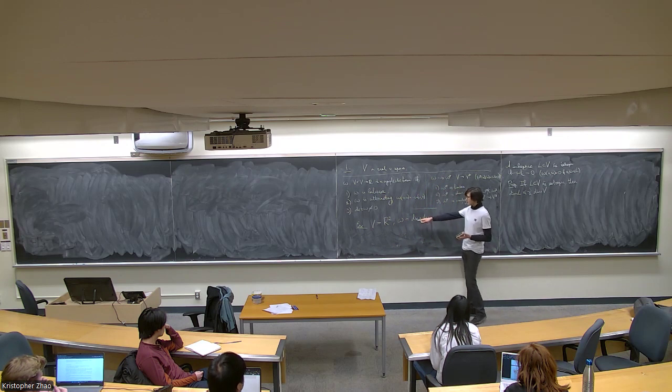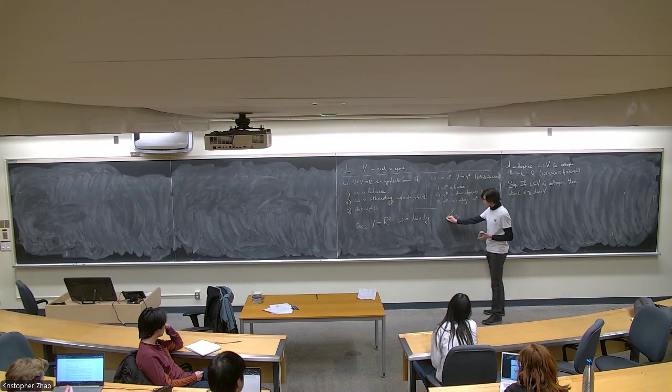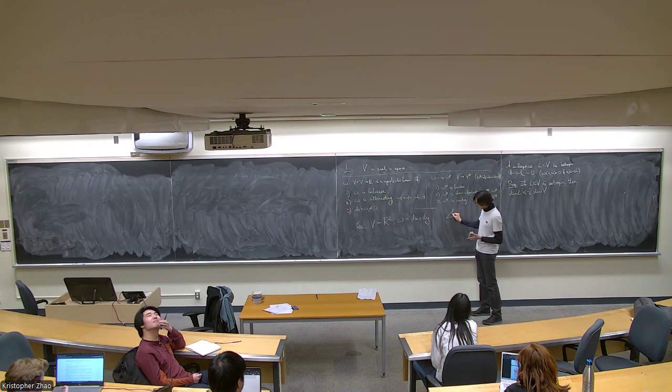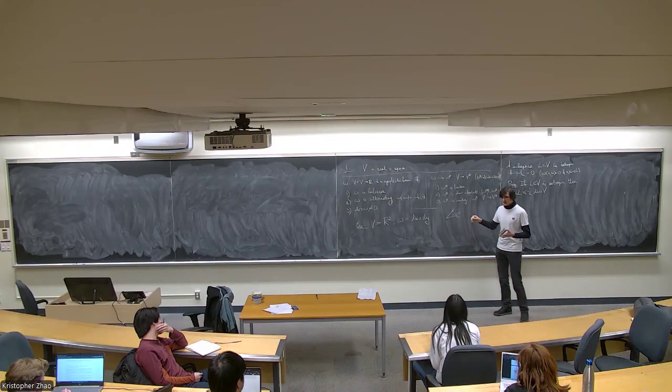What it means is that if you have two vectors v and w, you span a parallelogram by them, and the volume of this parallelogram is going to be omega of v, w, except it's the oriented volume.